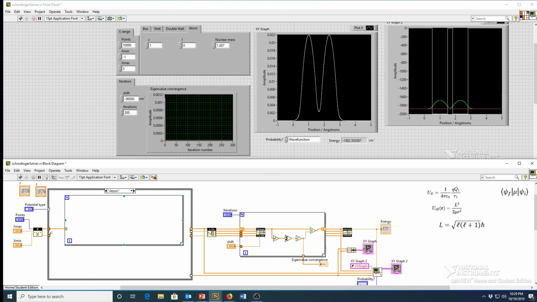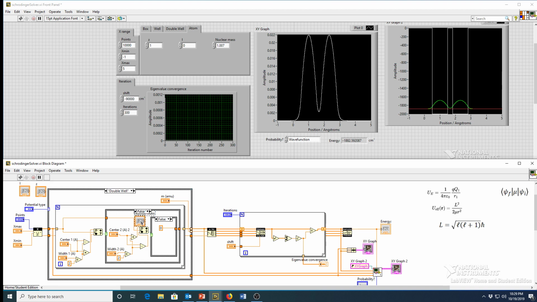And we can go ahead and wire up our x values because those are going to remain unchanged. And we can wire up our dx because that is going to remain unchanged. And we need to grab all of those controls that we just made.